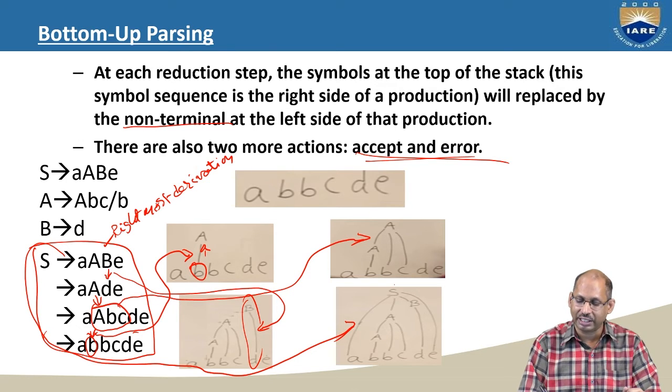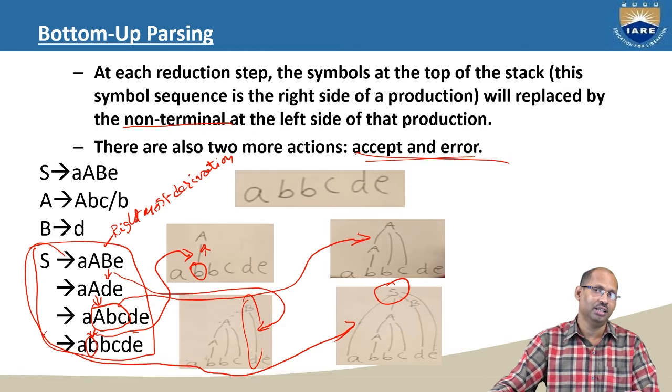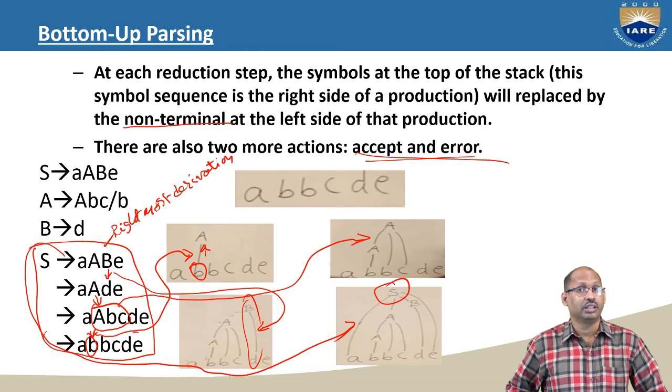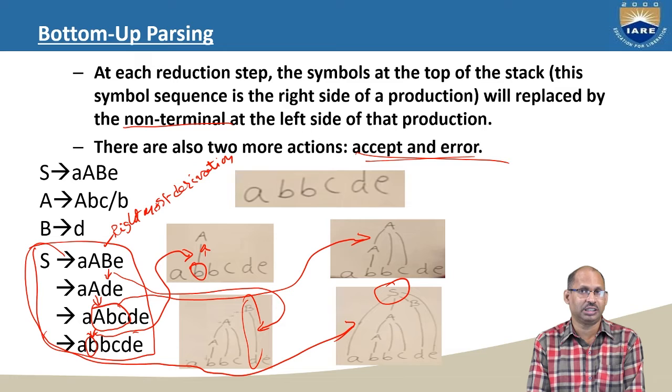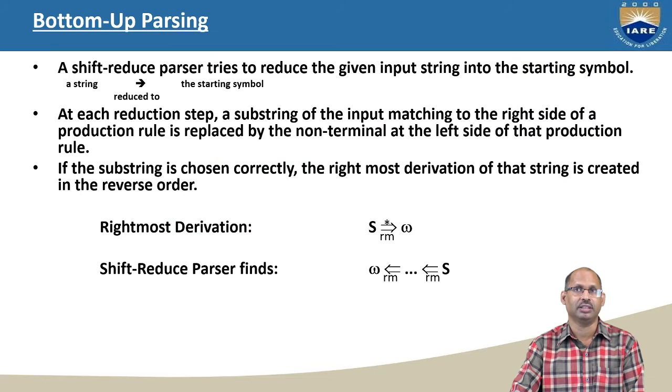So finally we consider capital A, capital B, E as capital S. So the rightmost derivation steps are used in reverse in deriving the parse tree from the terminals of the given input string to the root. That is the bottom-up parsing method.